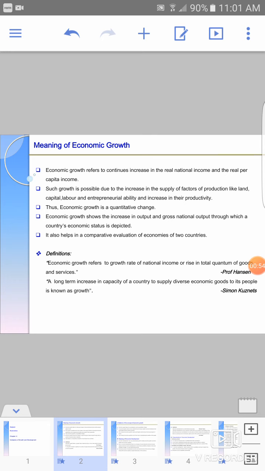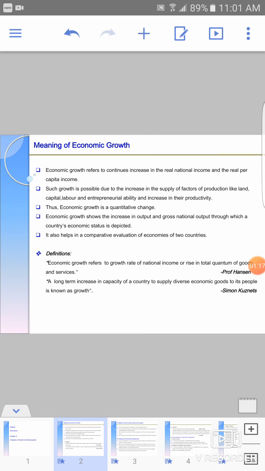Okay, so economic growth is what? Continuous increase in these indicators. Okay, continuous increase in the real national income and the real per capita income, that is called economic growth. Okay, such growth is possible due to increase in the supply of factors of production.